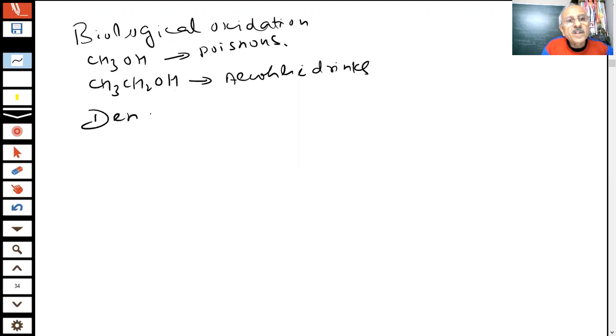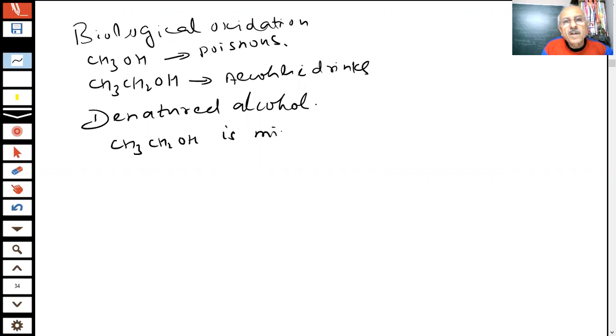There is something called denatured alcohol. When they manufacture alcohol in the industry, such as the sugar industry, they denature it, they spoil it by mixing methanol with ethanol.